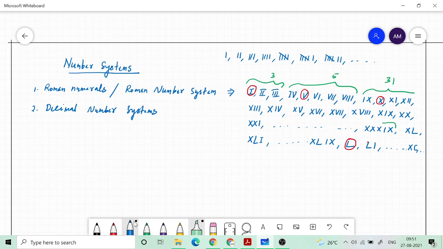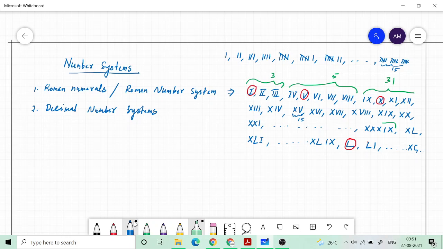But if you try to represent it with a tally system, then you will require 10 groups of this, which is really inconvenient. So this is 15. Okay, that is really inconvenient, whereas our 15 is here.